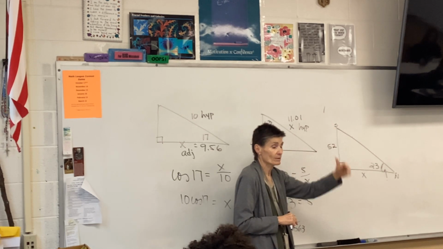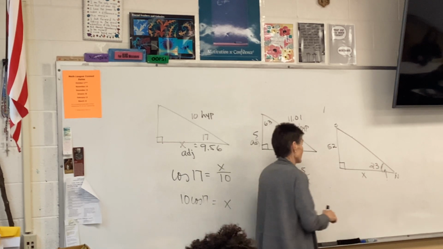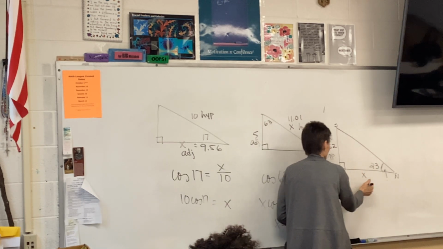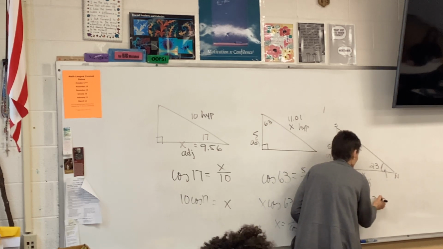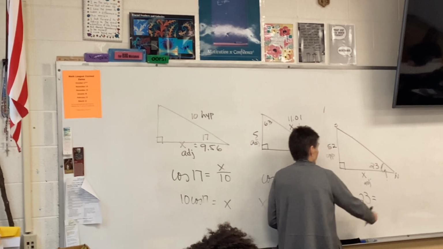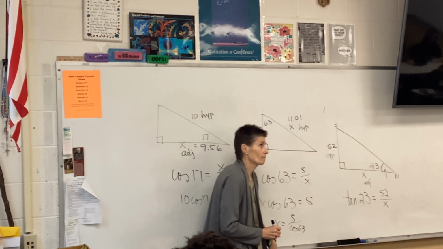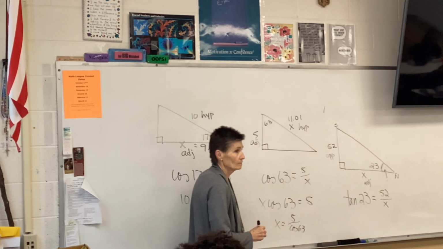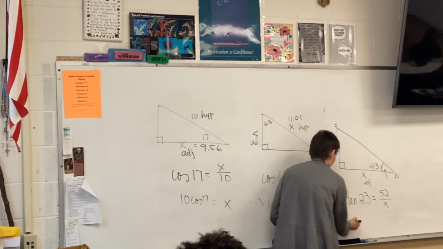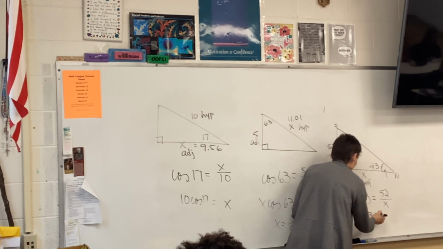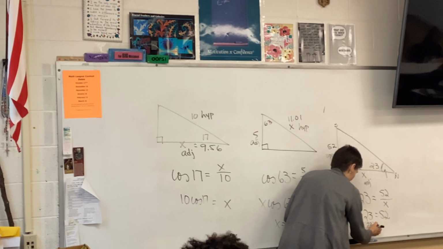Sine, cosine, or tangent. What is it? Tangent. This is opposite. This is adjacent. So tan 23 equals 52 over x. What do we do? Times the x, bring the x over, and then divide by tan 23.